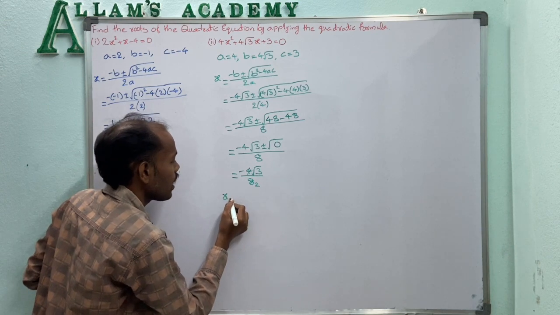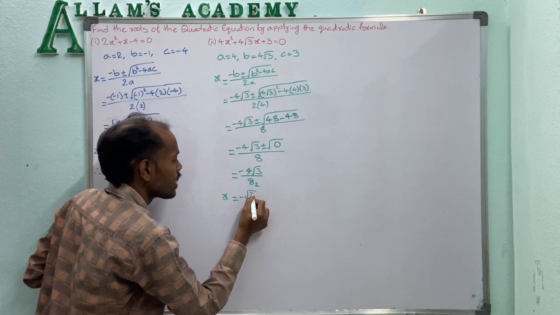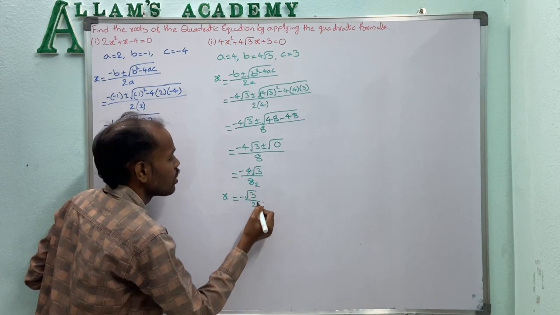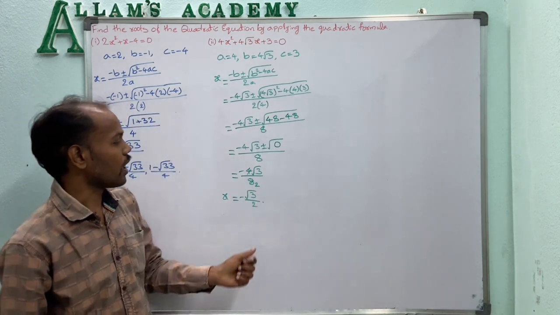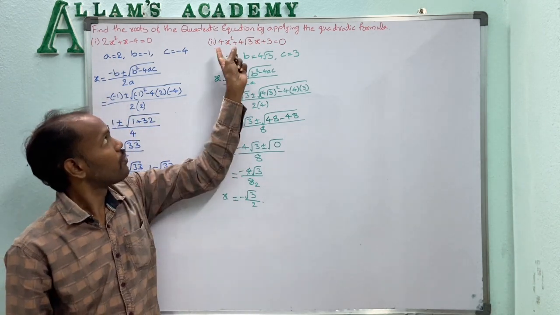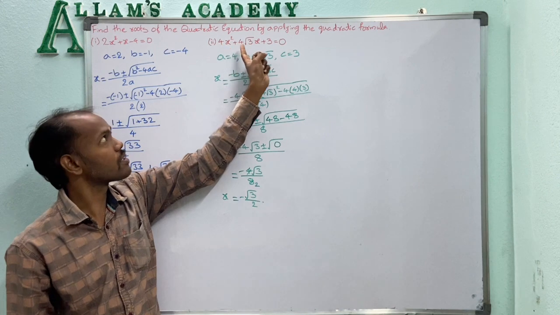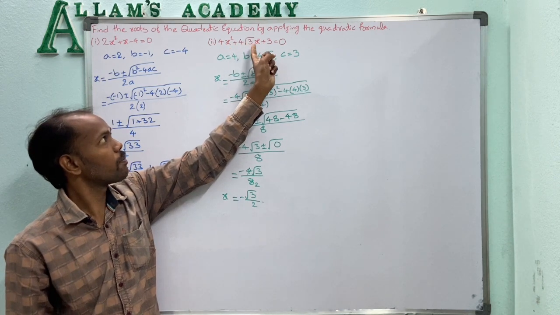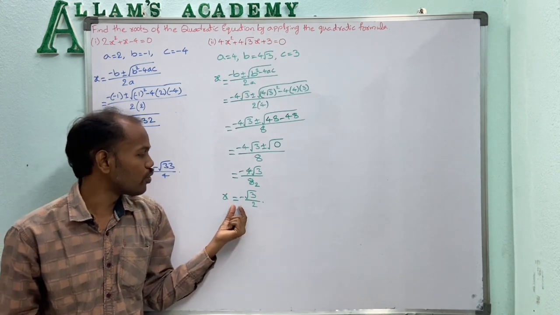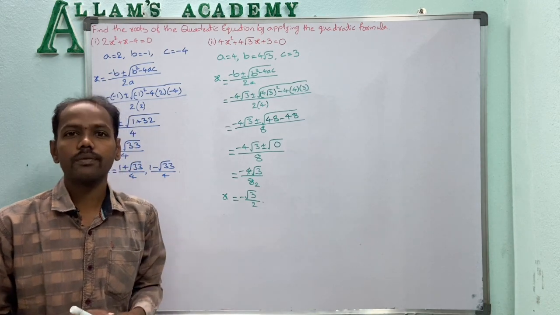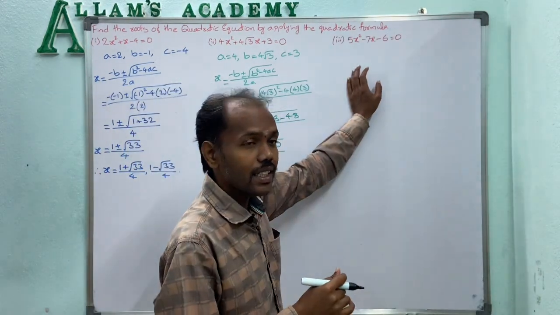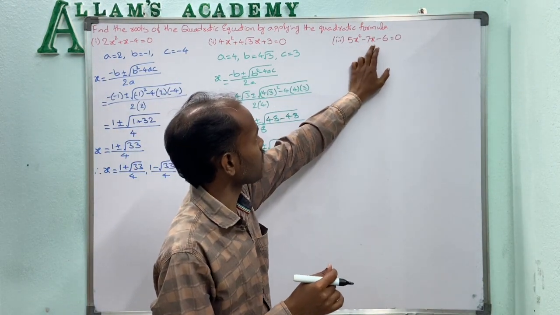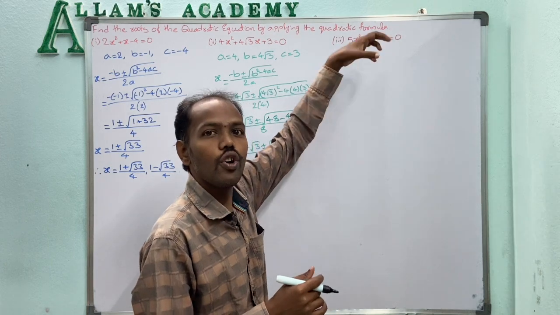That means x value is nothing but minus root 3 by 2. Okay. So here the quadratic equation 4x square plus 4 root 3 x plus 3 has the root minus root 3 by 2. Next, the quadratic equation 5x square minus 7x minus 6 equal to 0, finding its roots.